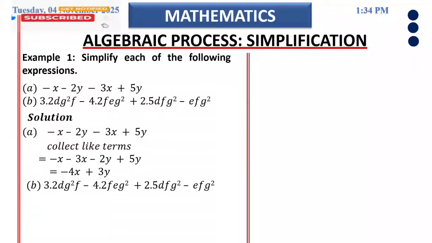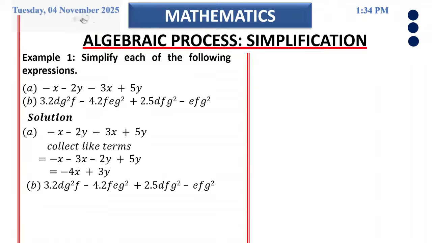There's a little difference in the question in that if you look at it very well, if care is not taken, you will think there are no like terms there. 3.2 dg square f minus 4.2 feg square plus 2.5 dfg square minus efg square.